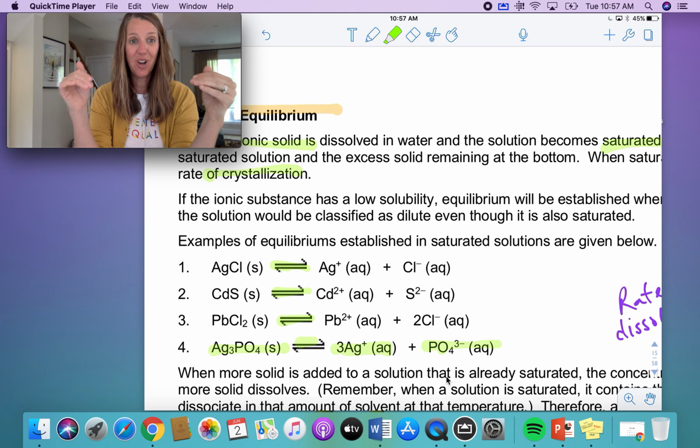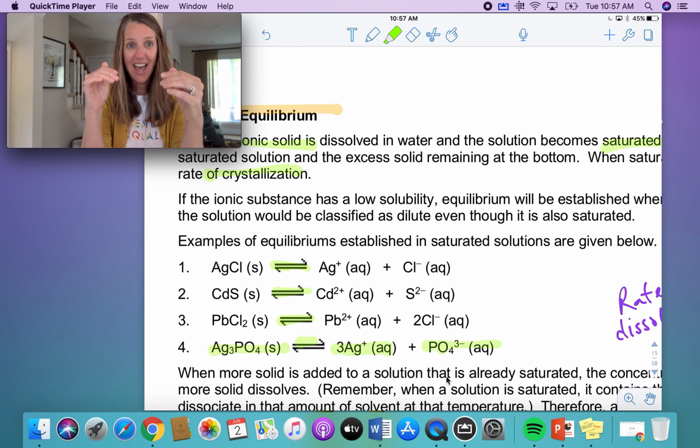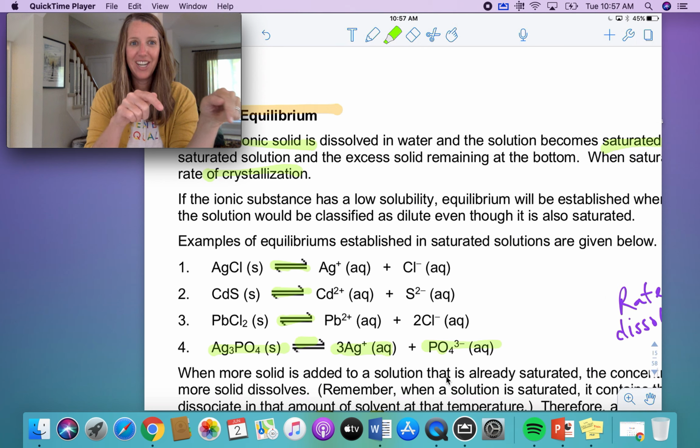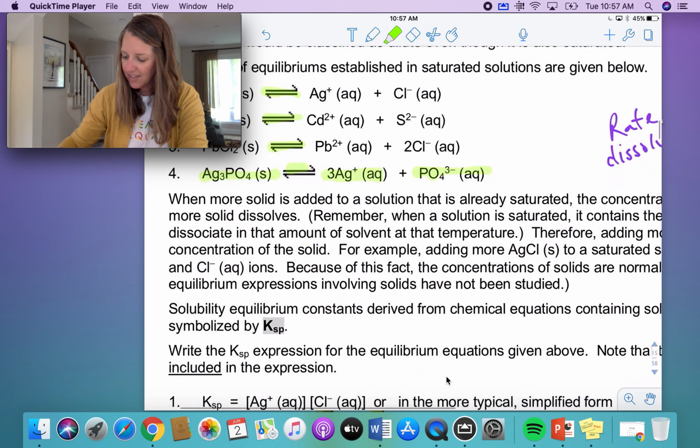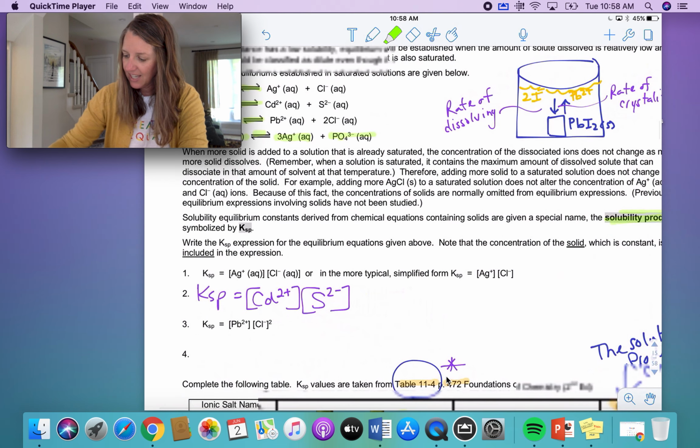And of course, those concentrations have to have an exponent if there's a coefficient in the ionic ratio. You'll also notice that on the reactant side of these equilibriums, you have a solid. And do we ever put a solid substance into our equilibrium expression? No.